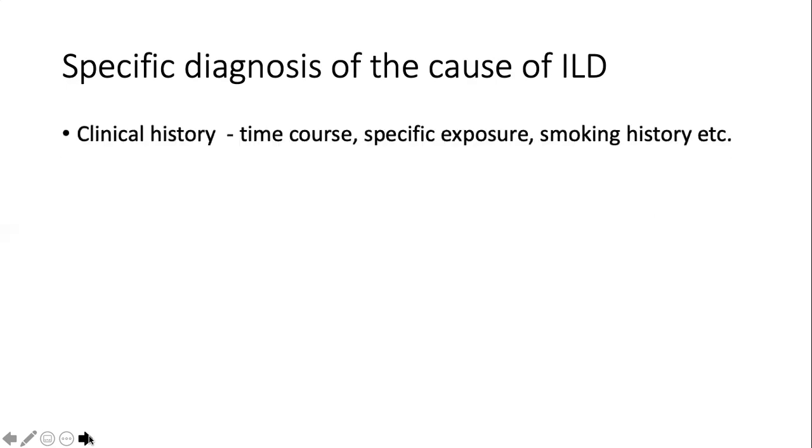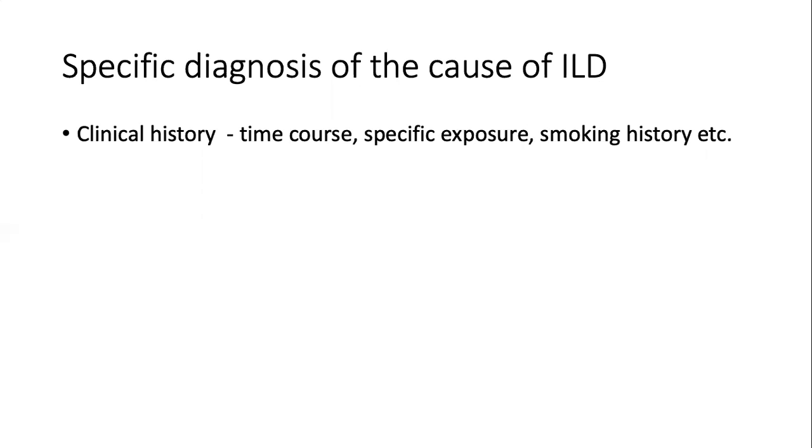So one thing is the clinical history, the time course, the history of specific exposure, either occupational exposure to organic or inorganic substances, a history of exposure to radiation, drug history. So those are useful to identify the specific cause.